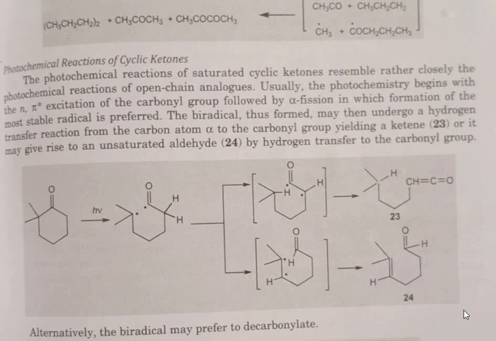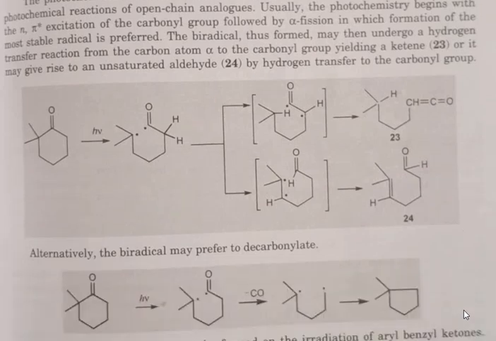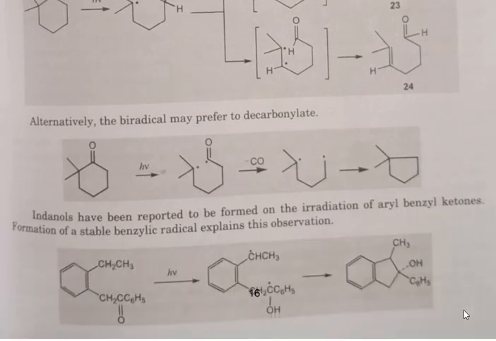If you have a ketone like this, then again cleavage of the carbon-carbon bond forms radicals, and there are two paths from here, 23 and 24. Again you can see another example, removal of CO and then cyclization occurs.